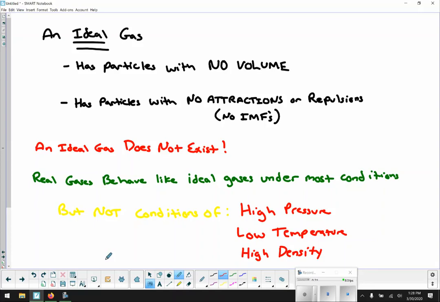So both of the first two things can cause high density. If we think about that, this actually makes a lot of sense.